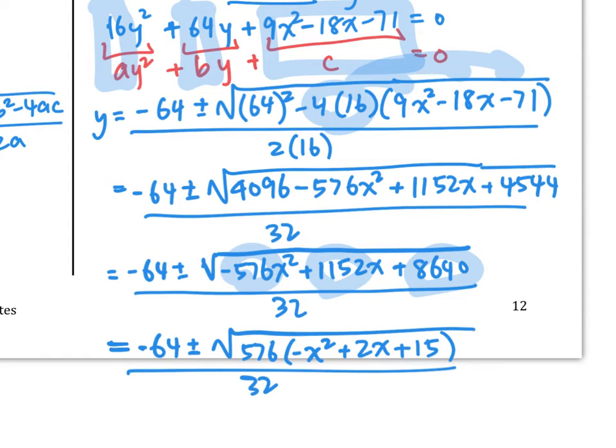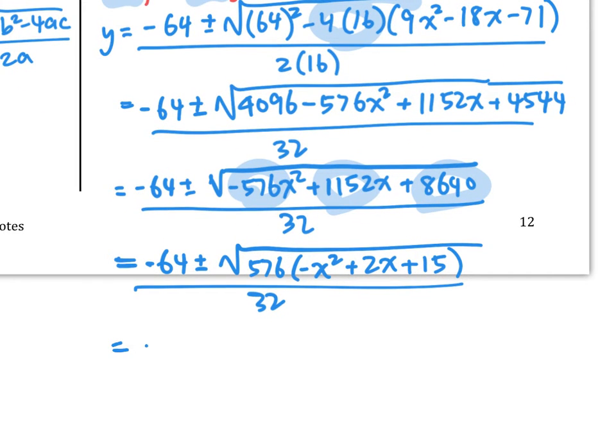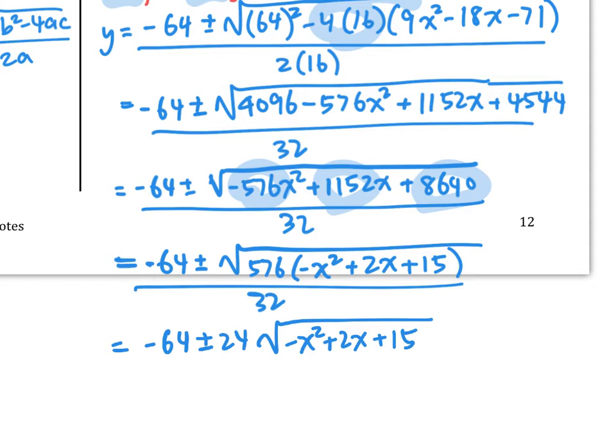Okay, square root 576 is 24. Negative 64 plus or minus 24, and then square root of negative x squared plus 2x plus 15, all over 32. All right, we can simplify this.